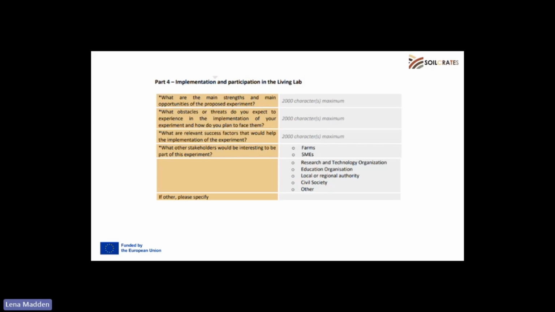What are relevant success factors that would help the implementation of the experiment? I think it was directly from French. I'm going to ask in the next session to review what they mean, because it's a French partner who designed this experiment. What other stakeholders would be interested to be part of the experiment?